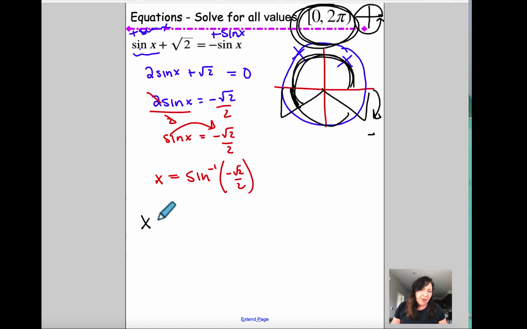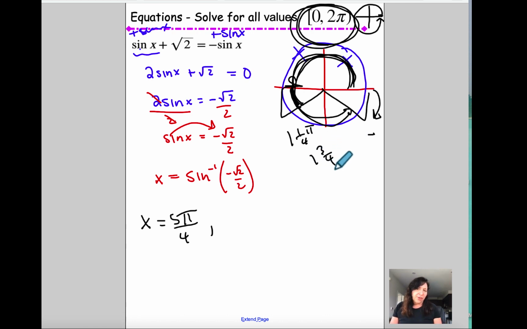So that's going to be x equals, we've got 1 and 1/4 pi, which is 5/4 pi. Also, it's 1 and 3/4, which is 7 pi over 4. And so these are my two solutions.